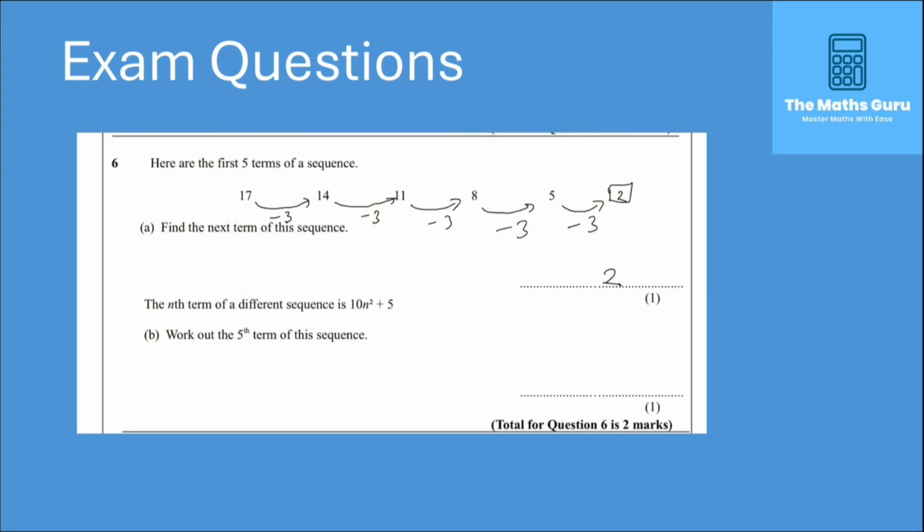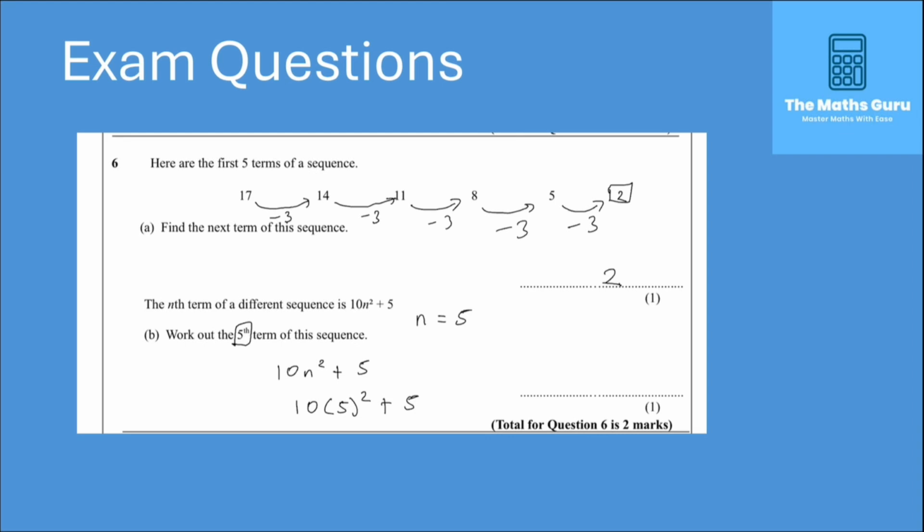The nth term of a different sequence is 10n squared plus 5, and we need to work out the fifth term. The way we do this is we plug in n equals 5, which we learned in the revision episode of this topic. So 10 times 5 squared plus 5.